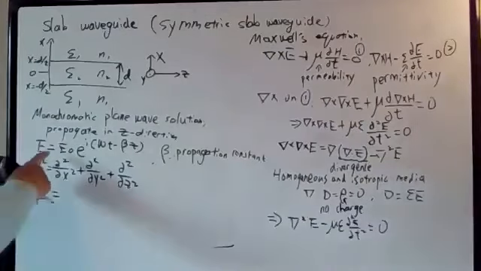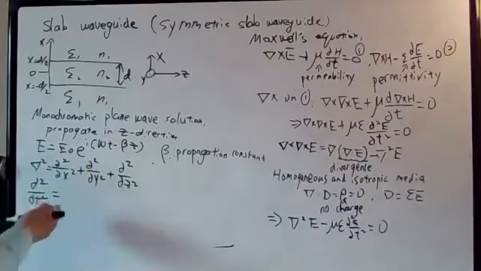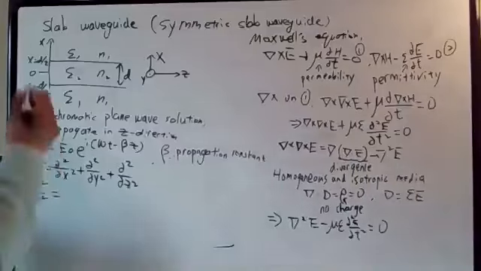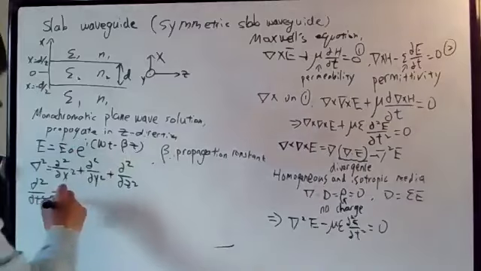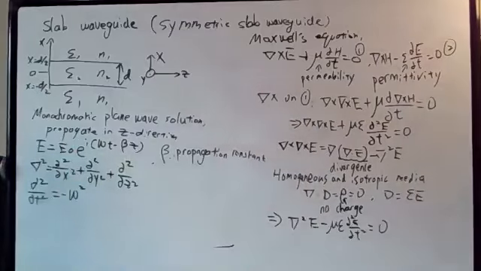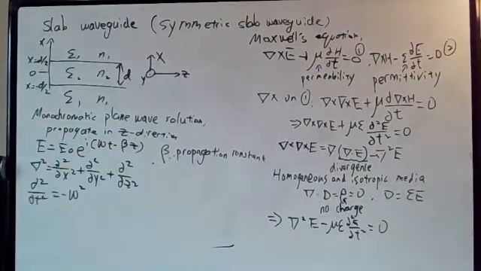If we use E in this form, then the partial t gives us i omega, so i omega times i omega is negative omega squared. Every time we see a second derivative in t, we're going to have negative omega squared coming out.